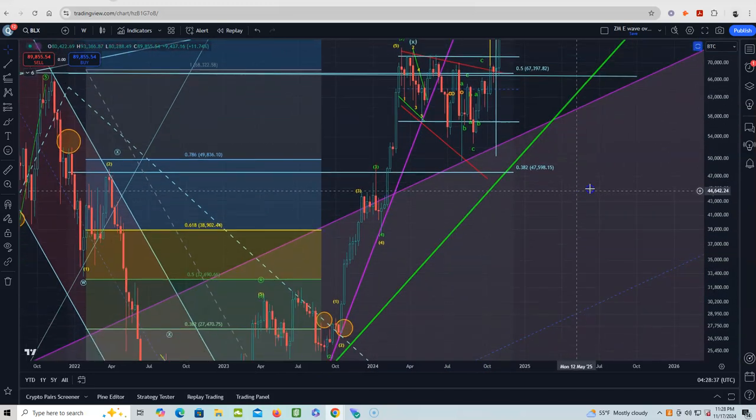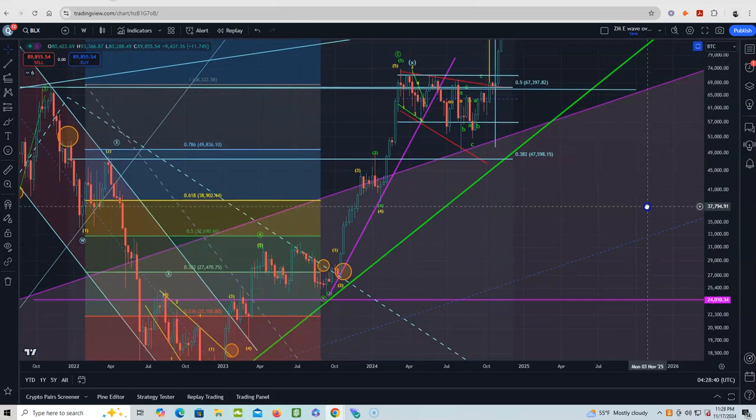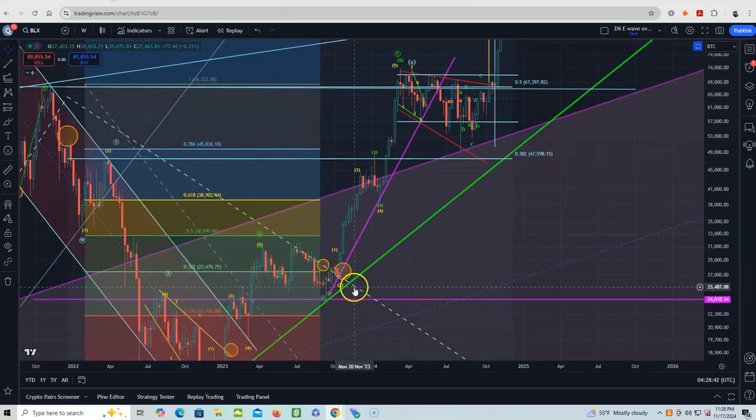In either event, you do have two sideways corrections, is what they are. But I mean, if you look at the shape, it's sideways.